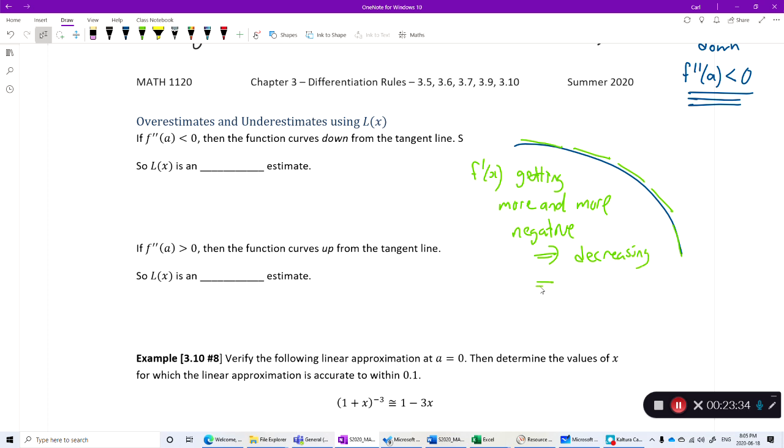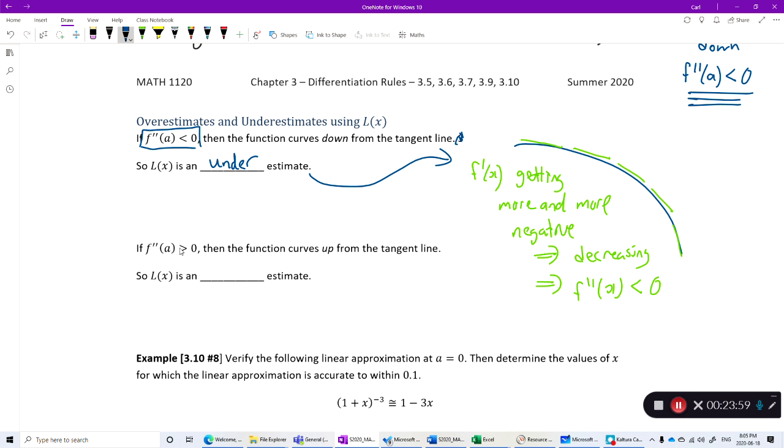So that means that the second derivative is negative. This is called concave down. So if the second derivative at a is negative, then the function curves down from the tangent line. So then L of x is an overestimate, like that.